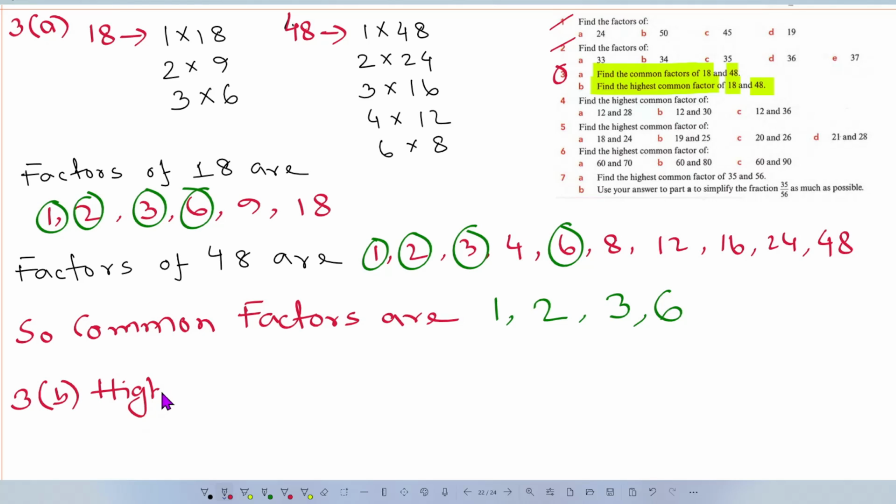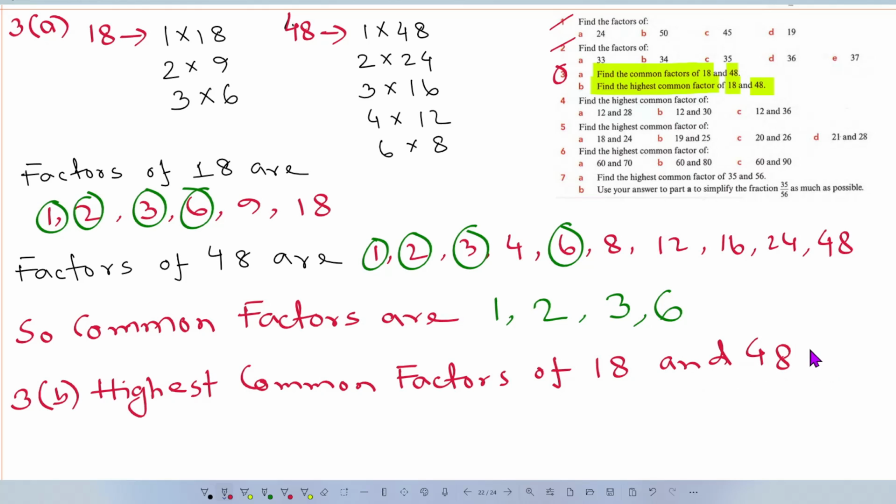Highest common factor of 18 and 48 is, here the highest one is 6, so 6. Okay, this is a very simple question and answer but very important around the world.